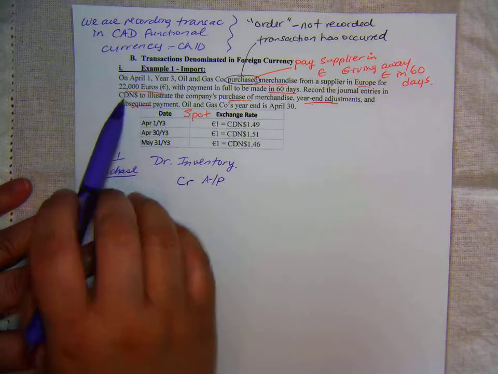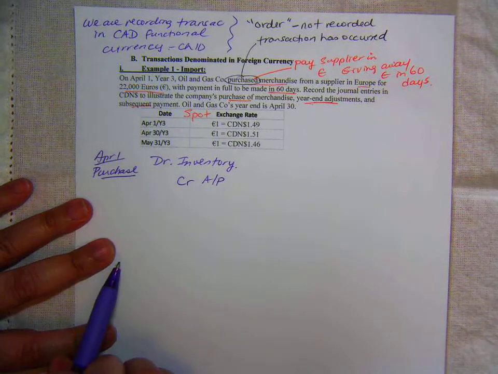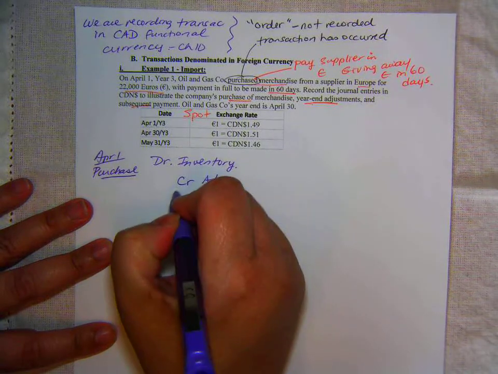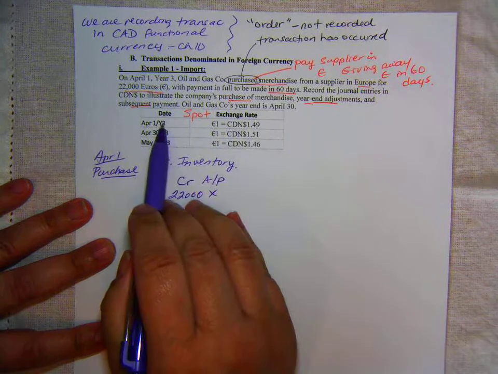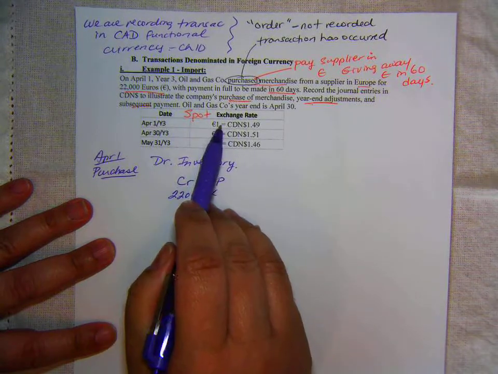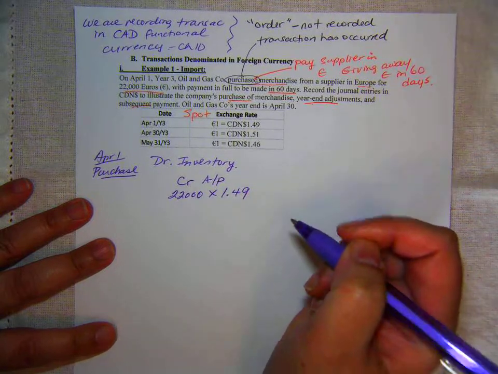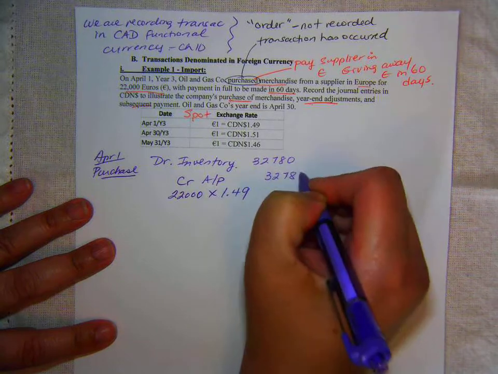We can't put 22,000 down because that's in euros and our books are in Canadian dollars. So we're going to have to convert it. 22,000 times the conversion rate today on April 1st, which is $1.49, works out to 32,780.